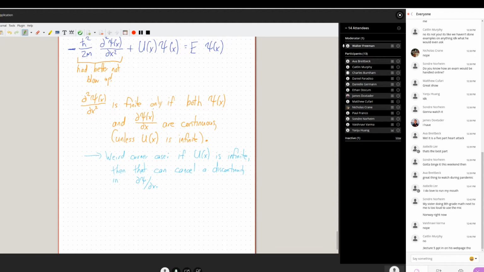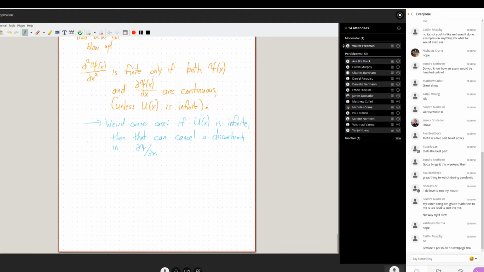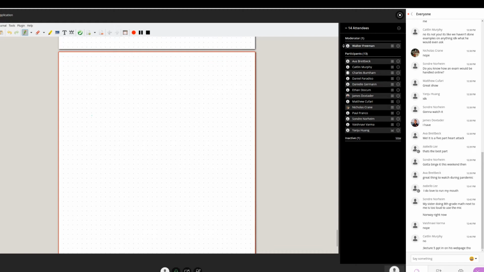Okay, now I'd like to do our first example. And that example is as follows. We're going to wind up graphing potential as a function of position.